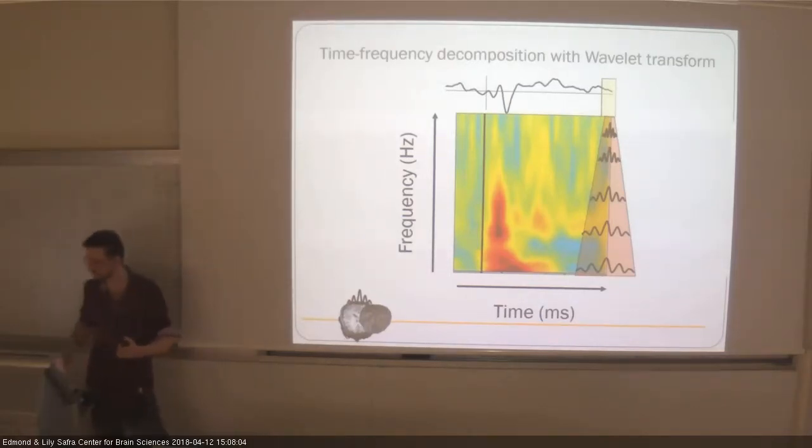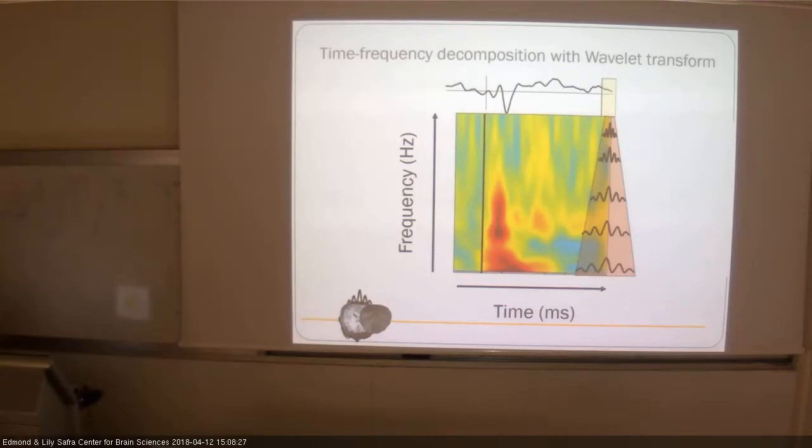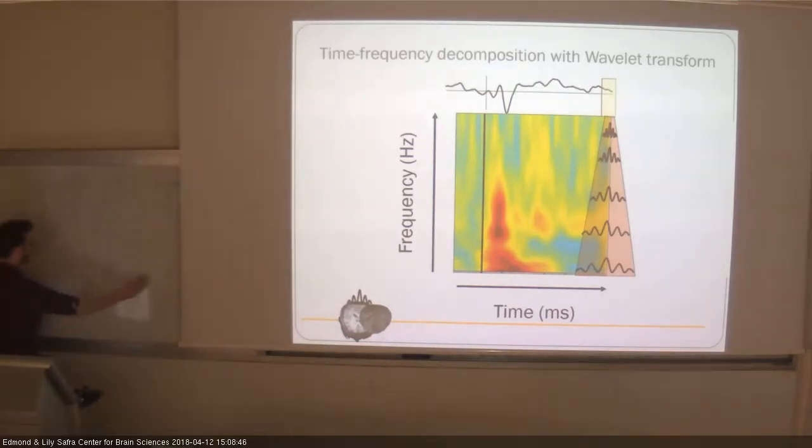But basically, the idea is that since we use the complex representation, if we take this signal, which has a very clear oscillation, and we use the frequency in the wavelet analysis that corresponds to this frequency, then when we convolve with a sine wave, we get 0 here and then this here, and when you convolve with the cosine, we get something like this, a 90 degree change, not a 180 degree change.